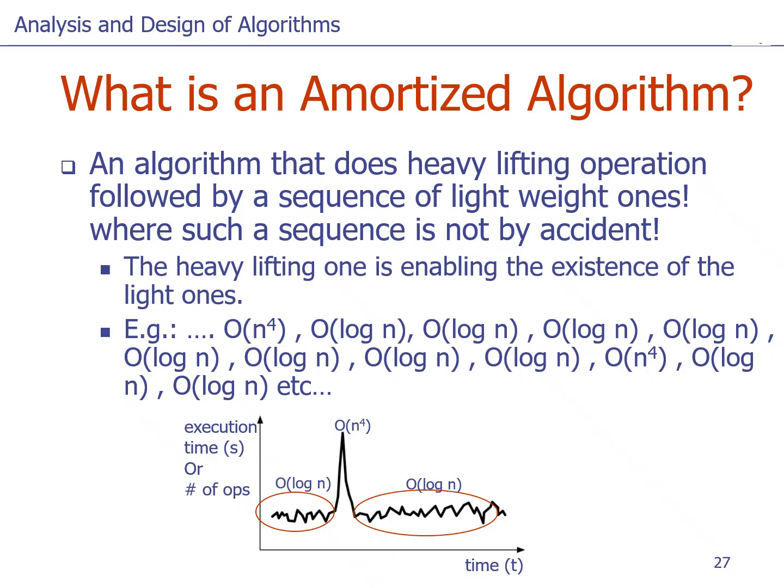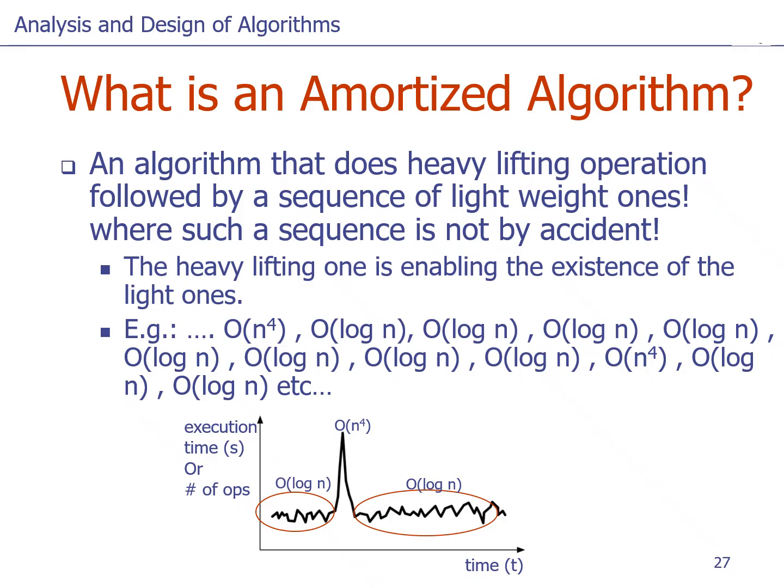It's fixing things, enhancing things in a way that enables the later faster operations. So it's not by accident that we're getting a sequence of log n, log n, log n. No, the n to the 4 operation in this example made it possible to get the log n later on when we invoke the algorithm.